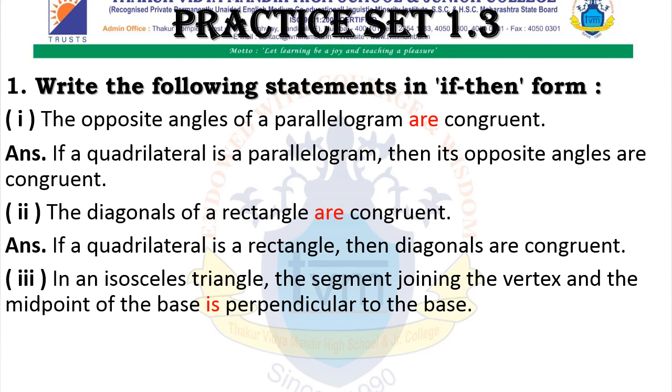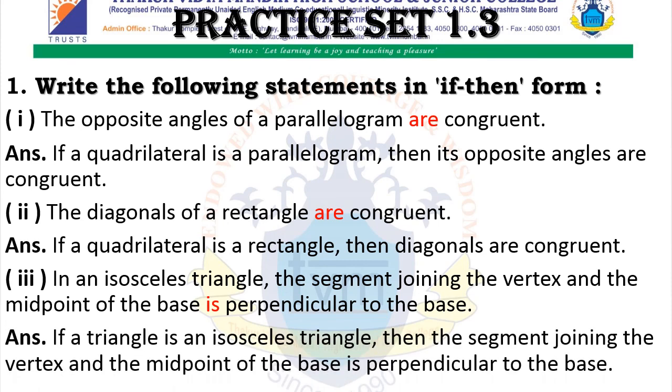The segment joining the vertex and the midpoint of the base is perpendicular to the base. That would be the consequent. So what is left? Isosceles triangle, that is the antecedent, that will follow the word if. So if a triangle is an isosceles triangle, then the segment joining the vertex and the midpoint of the base is perpendicular to the base.